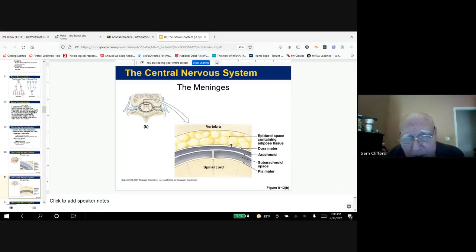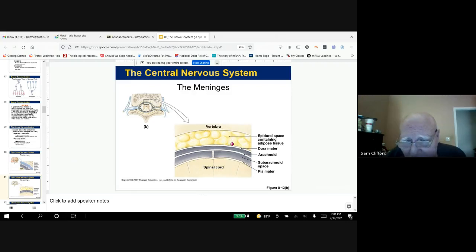Okay, let's keep going. So the meninges are these layers that are covering the spinal cord as well as the brain. When a lady gives birth to a child, when they want to deaden her nerves so that she's relieved of pain, there's an injection into the epidural space.